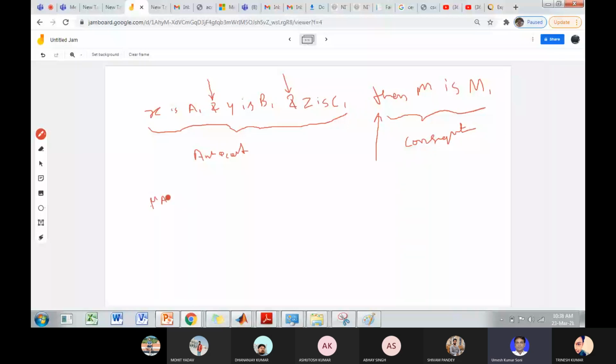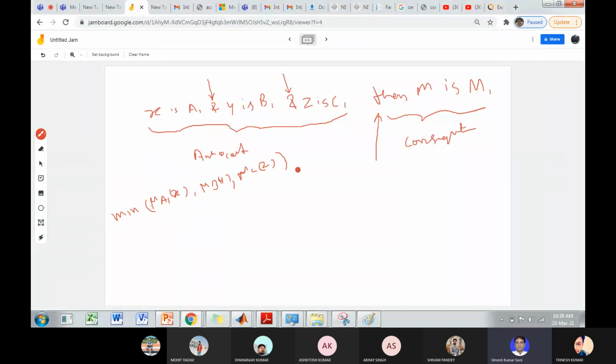The membership grade of the antecedent part will be the minimum of mu a1(x), mu b1(y) and mu c1(z).